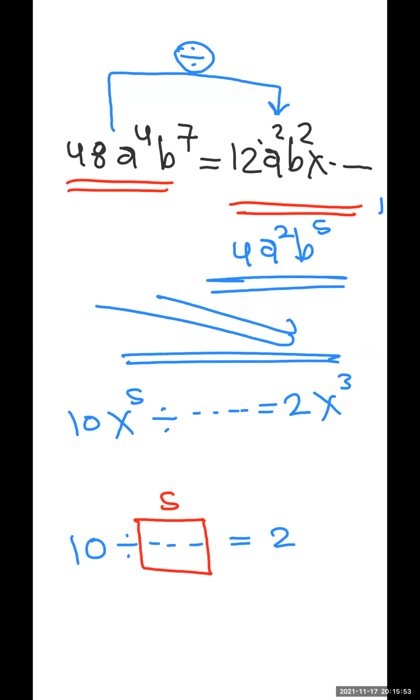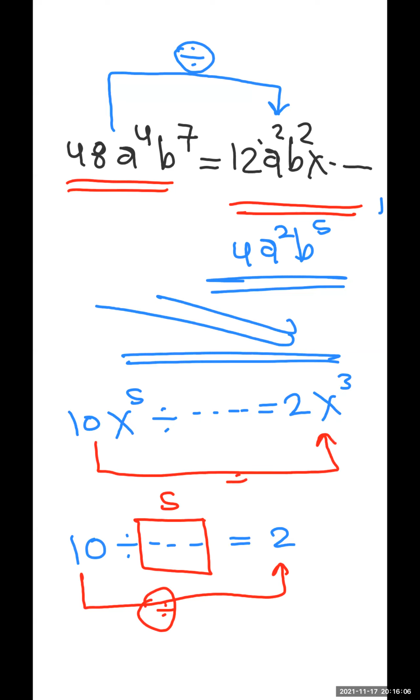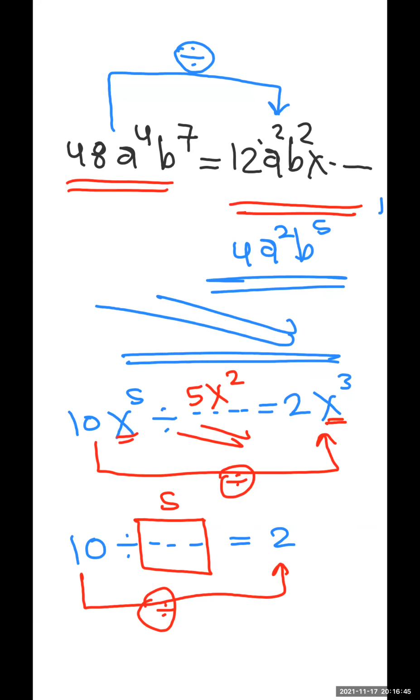How did I get that 5? I just divided 10 by 2. So now divide this term by 2x to the power 3. 10 divided by 2, 5. x power 5 divided by x power 3, x power 2. That's it. Clear? The next question.